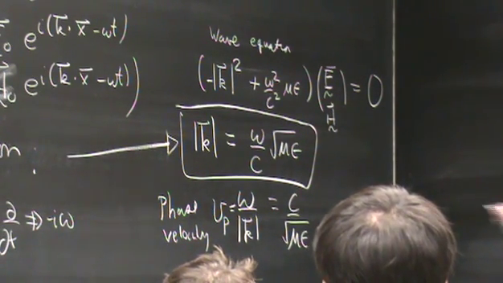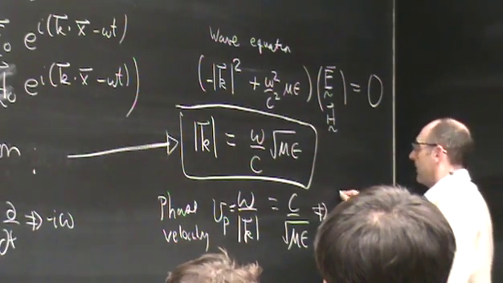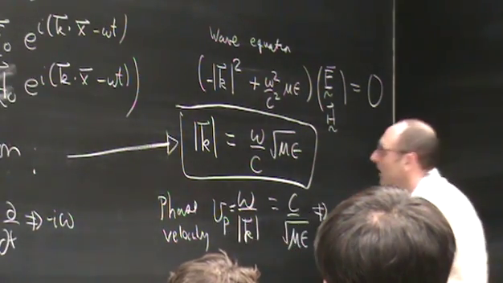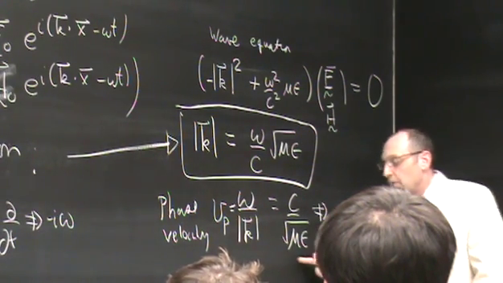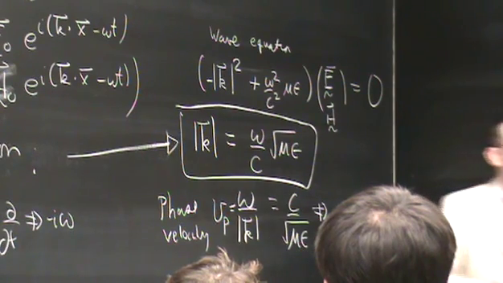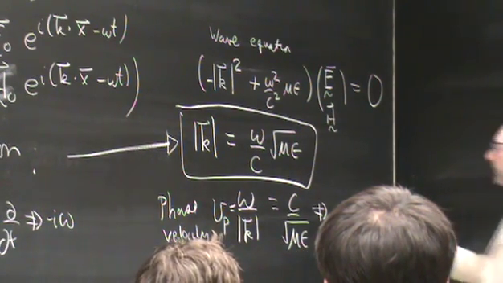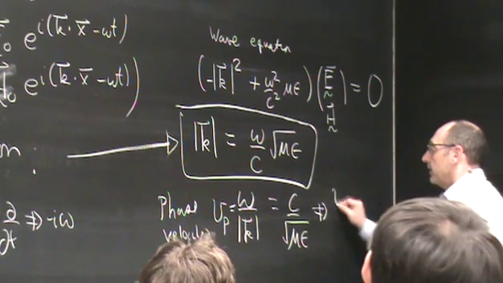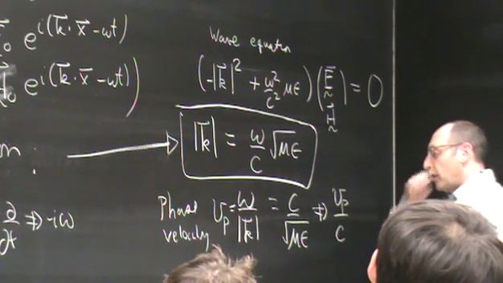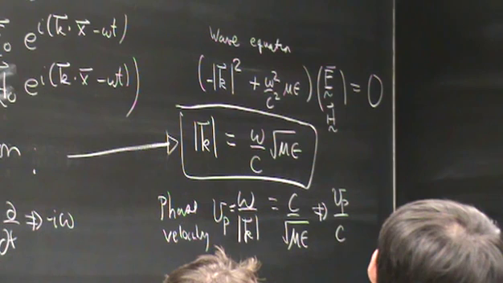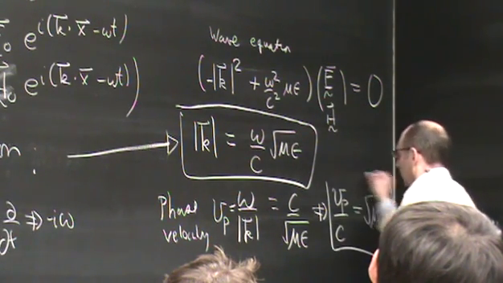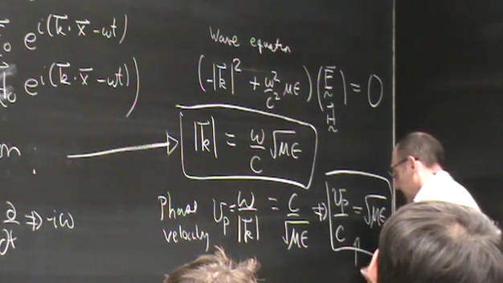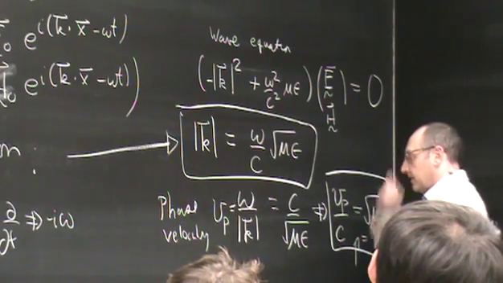So what we find from this, you remember, is that the phase velocity inside the dielectric is not the speed of light in vacuum, but is changed by this amount. And that amount is called the index of refraction. So the ratio of the speed of light in vacuum to the phase velocity is the square root of mu times epsilon, and that's known as n, the index of refraction.